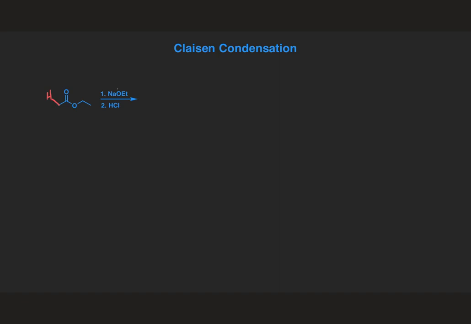And so these electrons are going to attack the alpha hydrogen. This is going to kick over and up to generate this enolate. And then just like the aldol reaction, once you generate the enolate, a second molecule of the ester, in this case, is going to act as the electrophile.